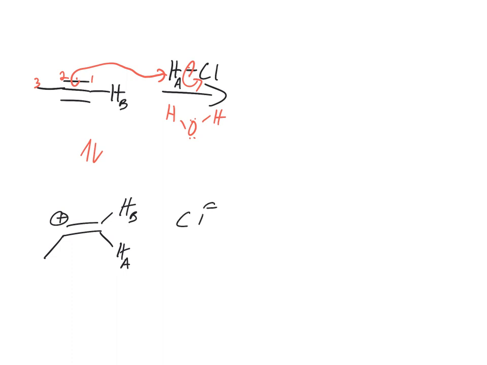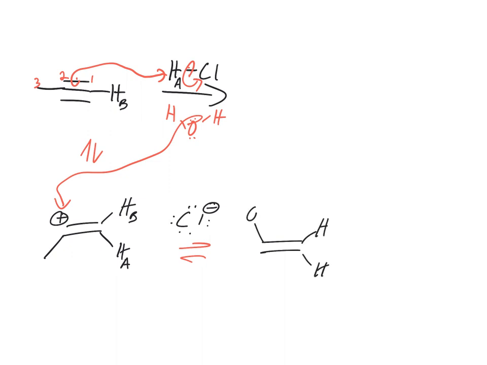So we also made Cl minus. And Cl minus is of course more reactive than water, but there's a lot of water around. So that's just going to react instead. So now you have that enol-ish kind of thing, plus charge on the oxygen. 1, 2, 3.